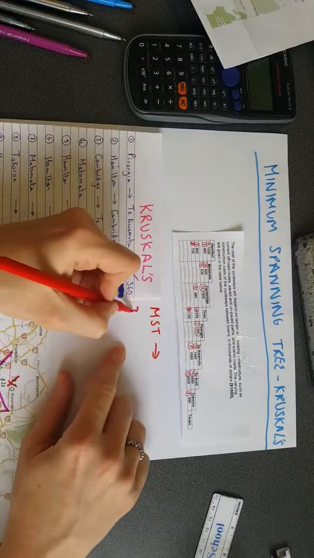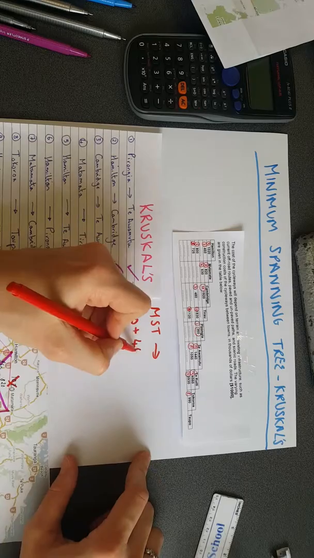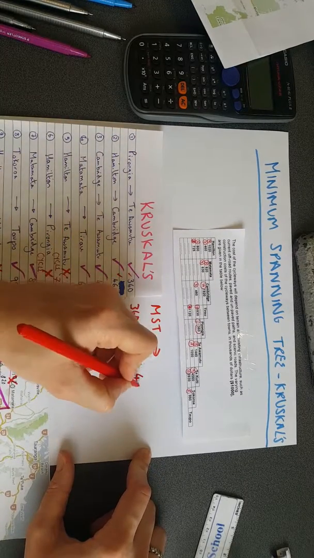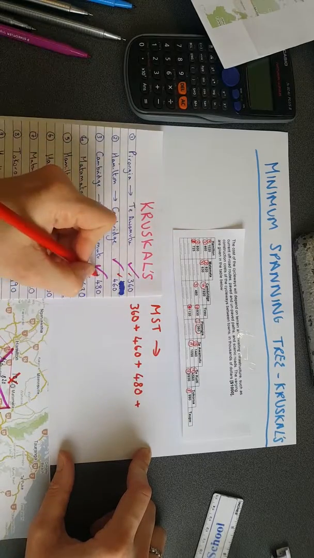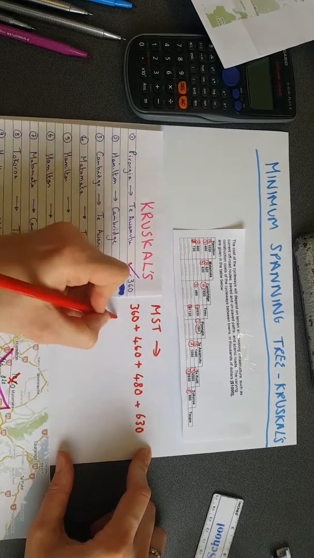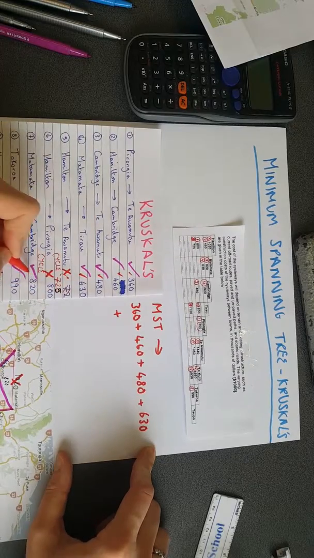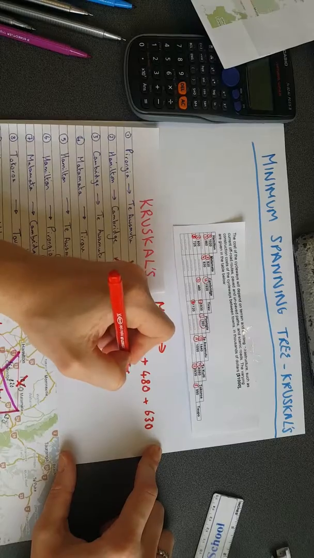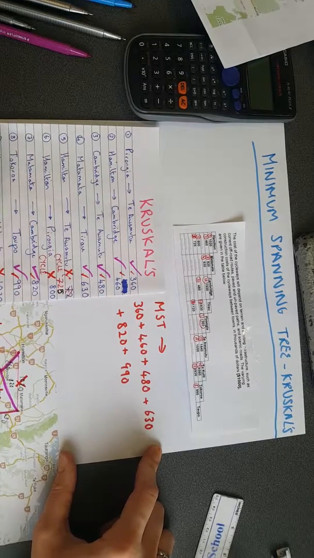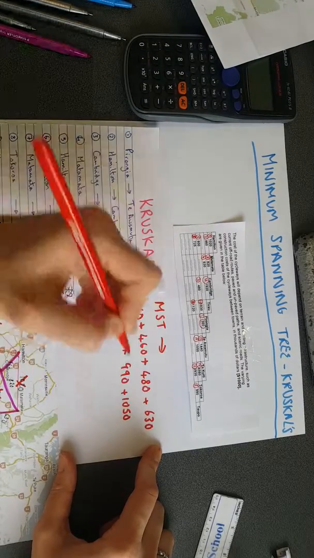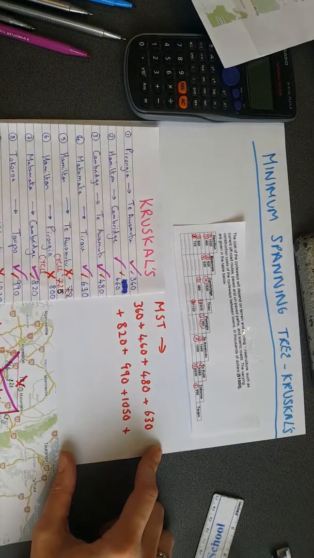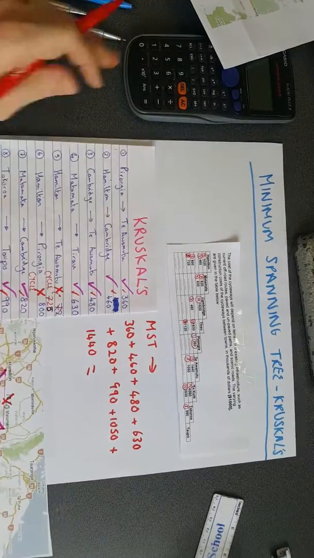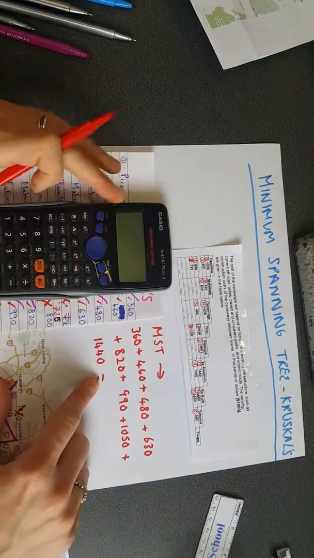I would have 360 plus 460 plus, let's tick them off as I go so I don't miss one, 480 plus 630 plus 820 plus 990 plus 1050 plus 1440, and I'm done. So that's all of them listed now, so let's add them up, and that gives me my final value.